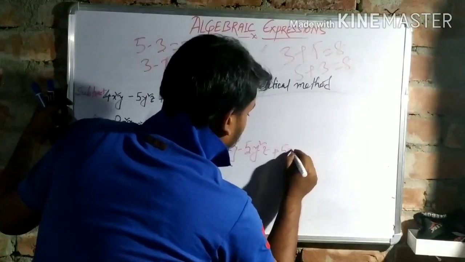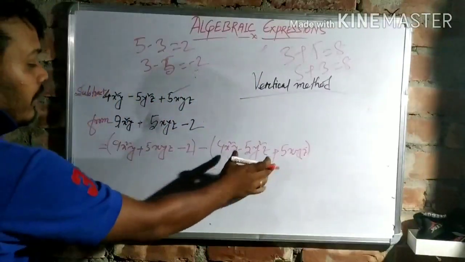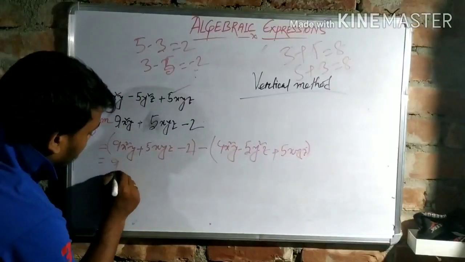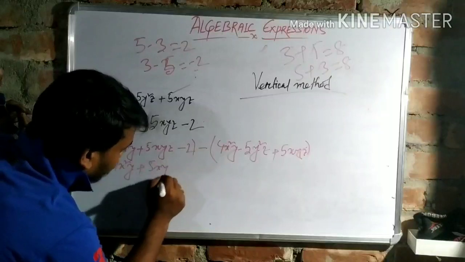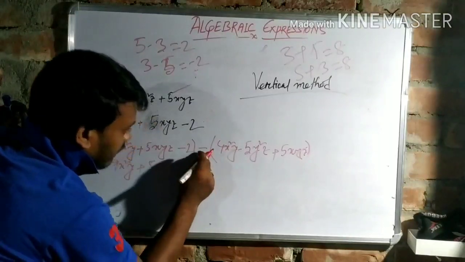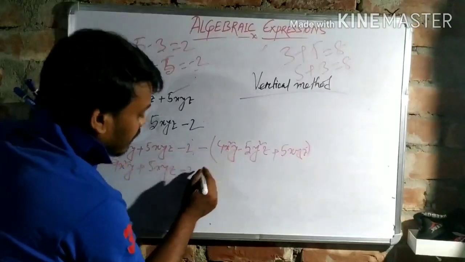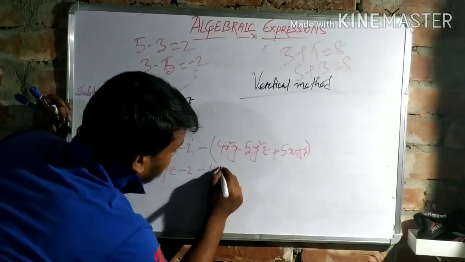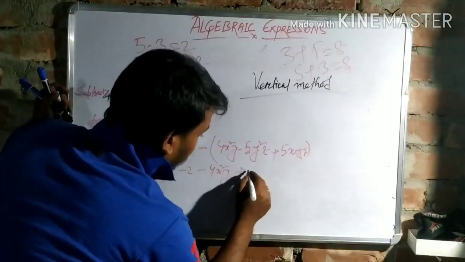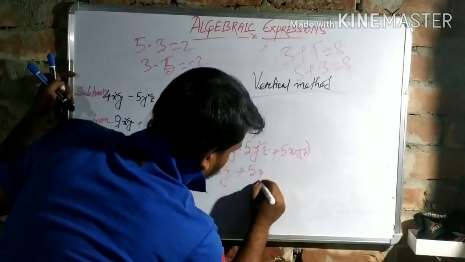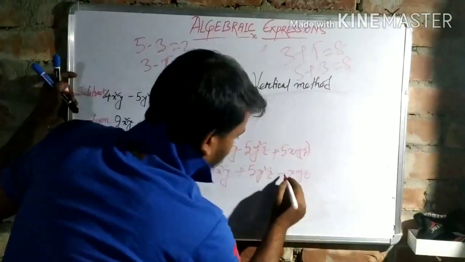So it is better you write first the total value inside the bracket. After that you multiply it, or you remove the bracket by multiplying the minus symbol. So if you multiply this minus symbol, then the second term becomes plus 5xy square z, and the third term becomes minus 5xyz.